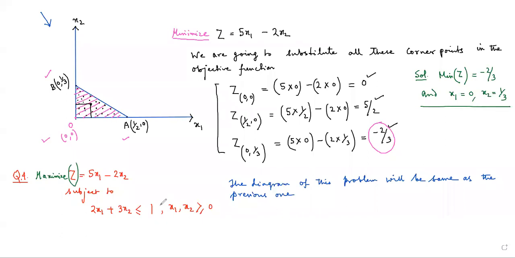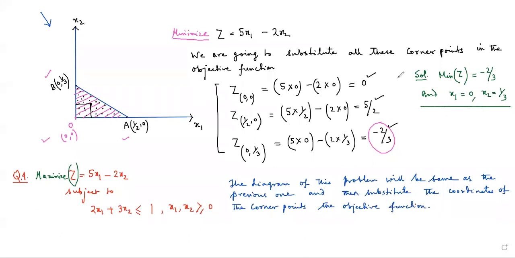After this, you need to substitute the coordinates of the corner points in the objective function Z. We have already substituted it. You can see above.